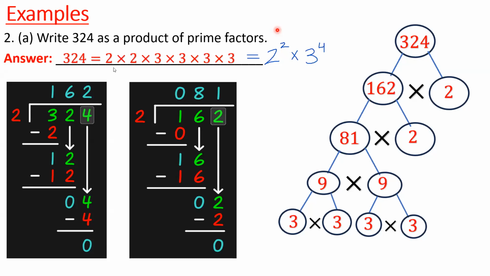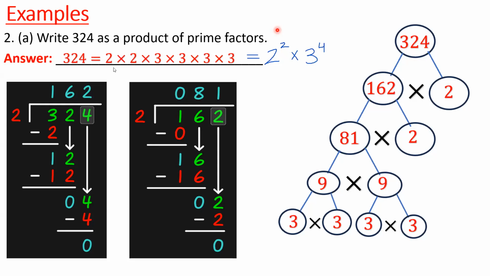324 divided by 2 equals 162, and 81 isn't an even number, but it still could be divisible by 9. So 81 divided by 9 equals 9, and 9 is divisible by 3, so that equals 3 times 3.